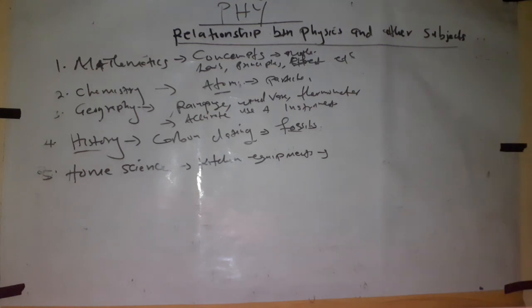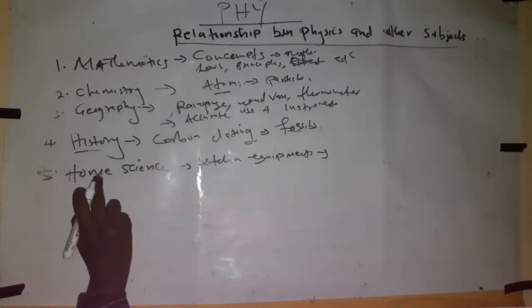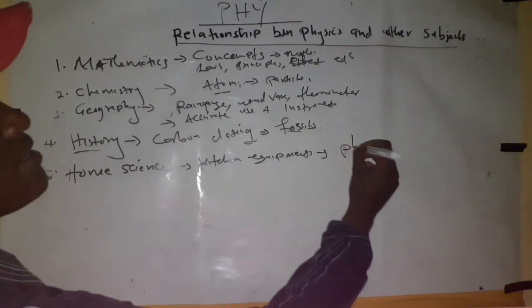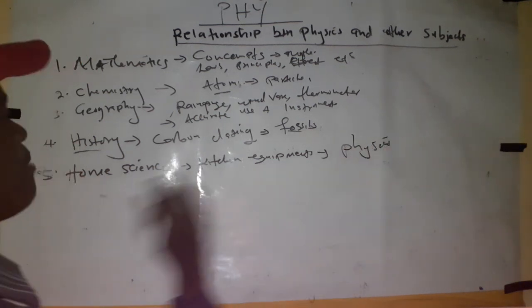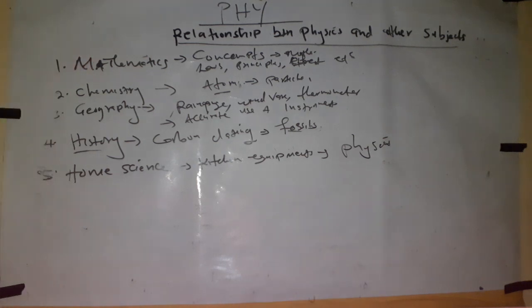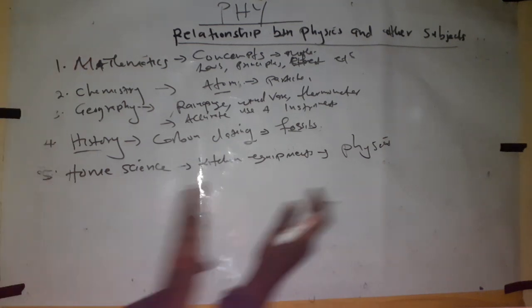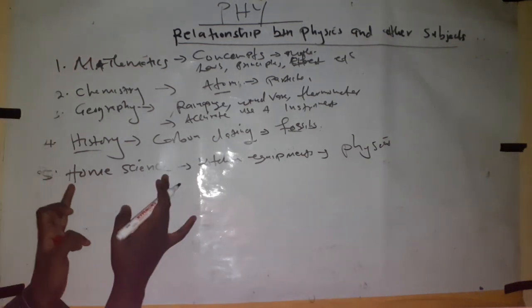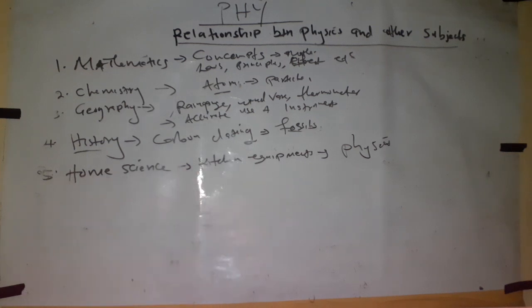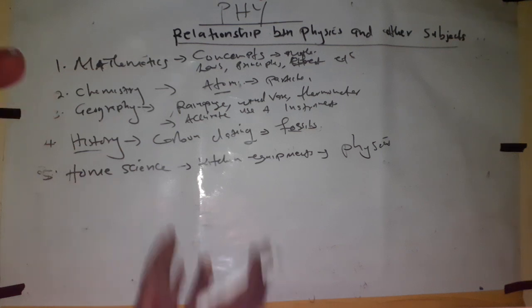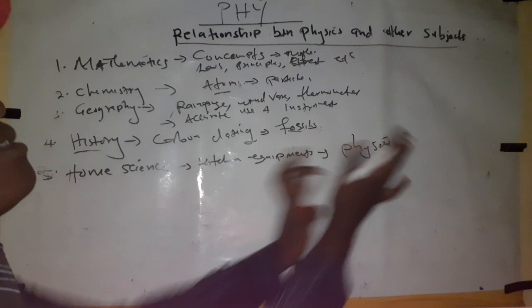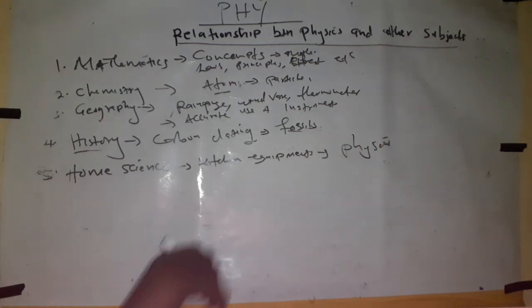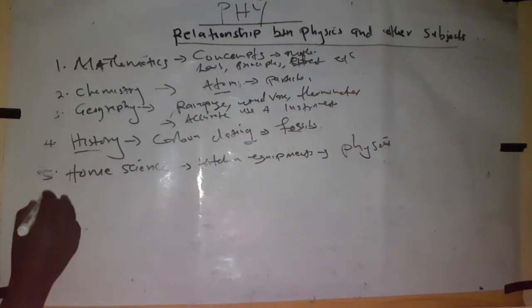The manufacturing of those equipments uses knowledge of physics. Were it not for physics, we wouldn't be able to get those kitchen equipment. So you see how home science is related to physics. For them to be made, they require physics knowledge in their manufacturing and even their designing.